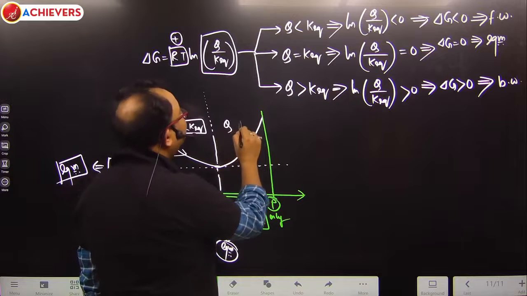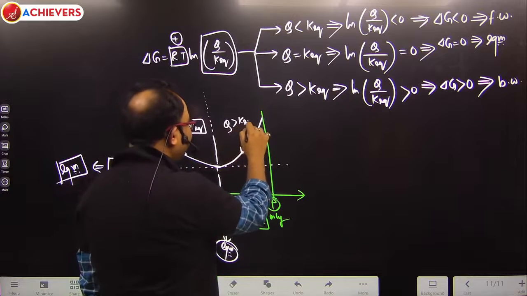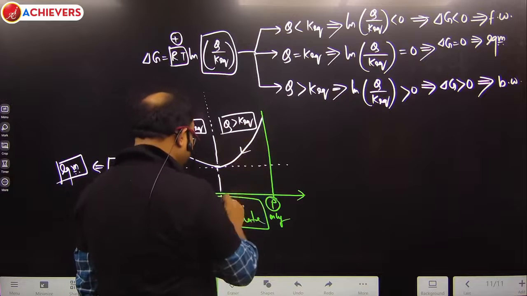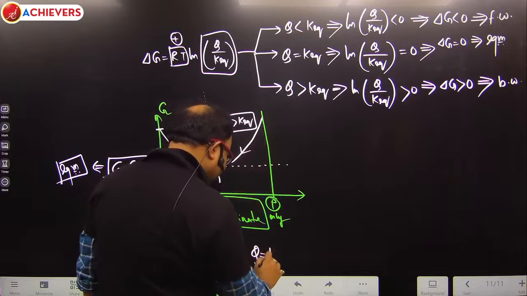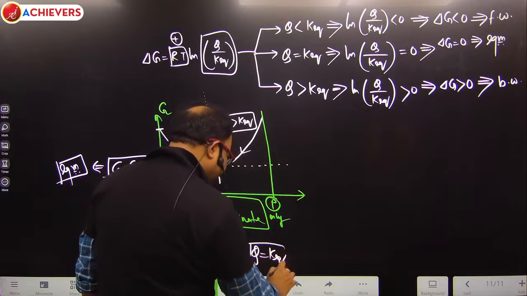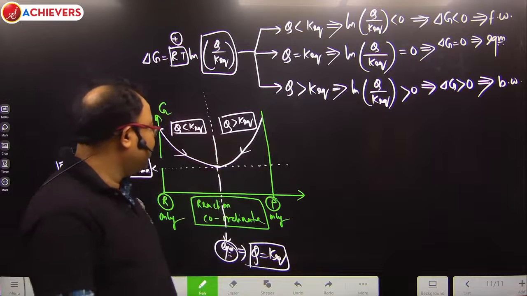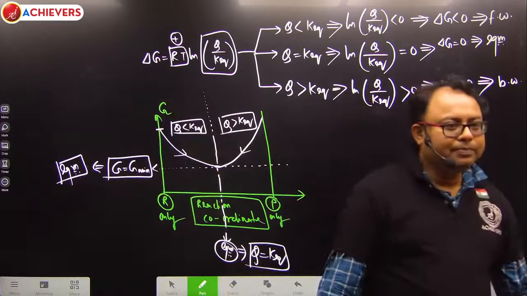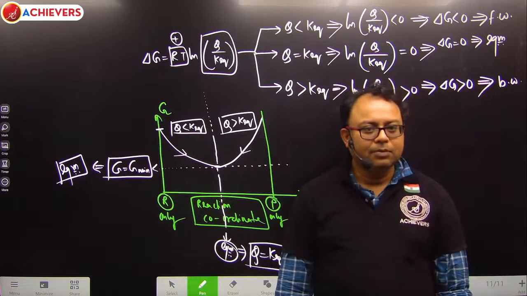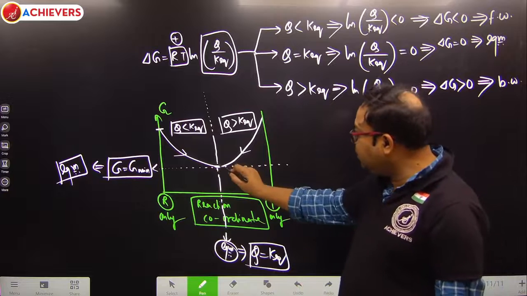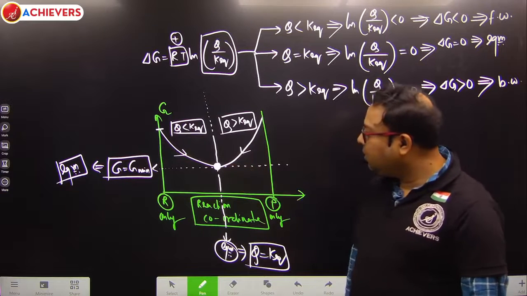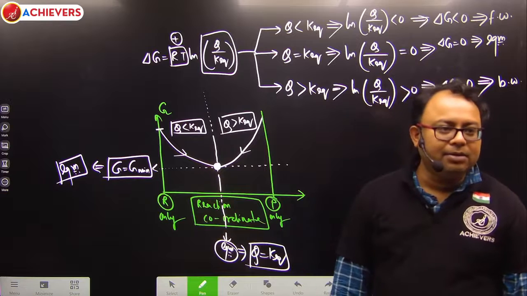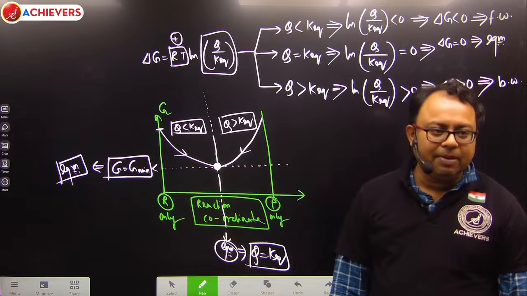Here Q is greater than K. And at equilibrium, Q is equal to K. So everything is tending to this point. This is the most stable point where G is minimized. Delta G is becoming equal to 0.